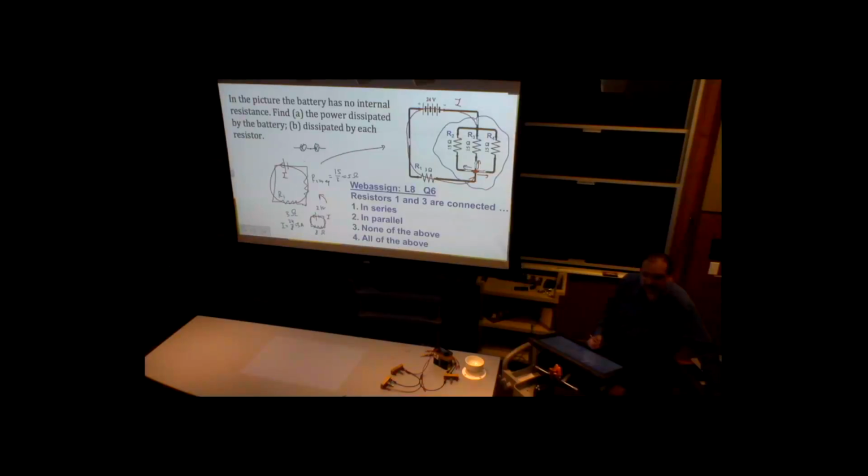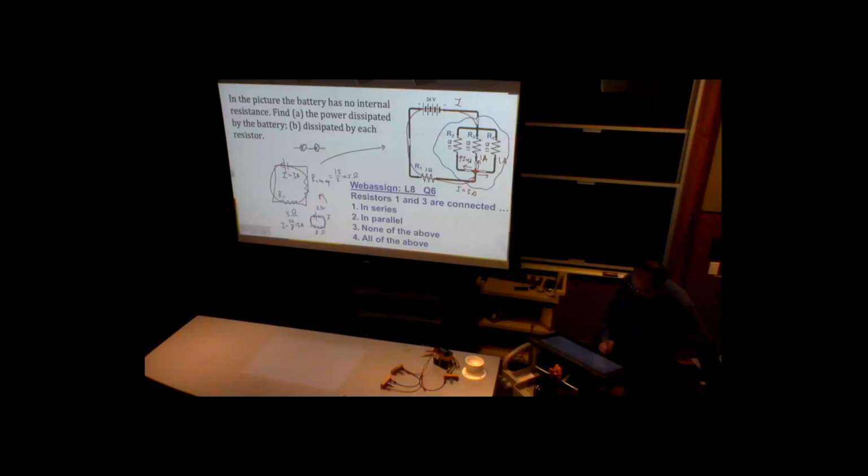But because those resistors are equal, this current will split evenly between all 3. So this will be 3 amps, and this will be 1 amp, 1 amp, 1 amp.